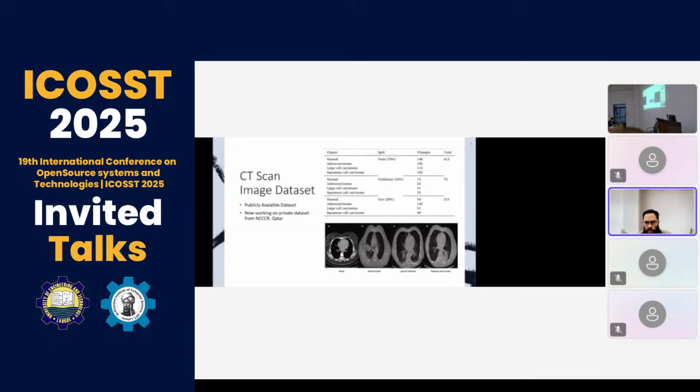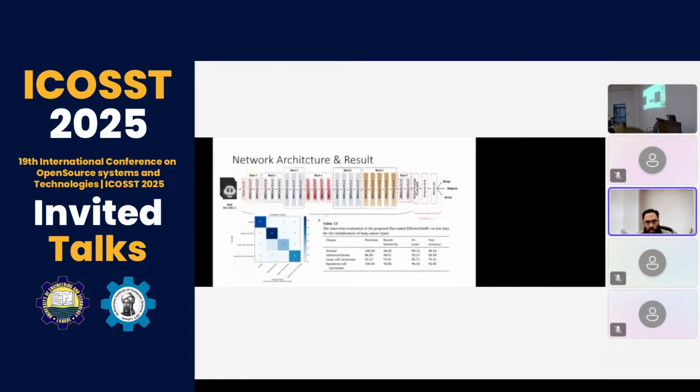To improve that screening process, we have developed a CT scan-based approach for the detection of lung cancer, because low-dose CT scan is the norm here at the community level. To support that initiative, we have collected data from publicly available datasets.